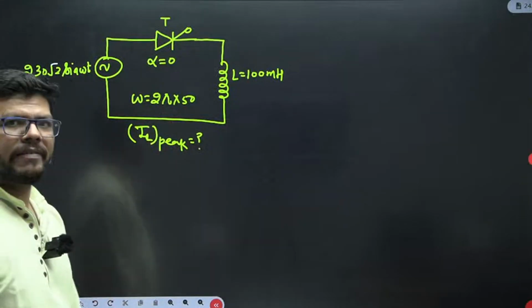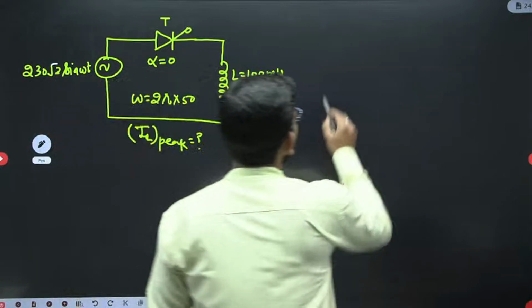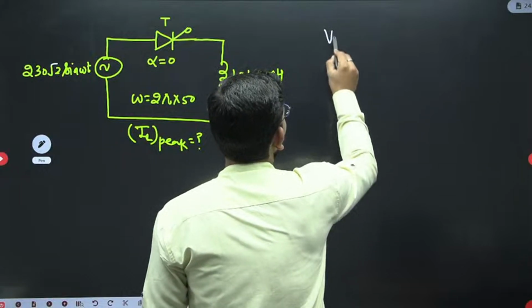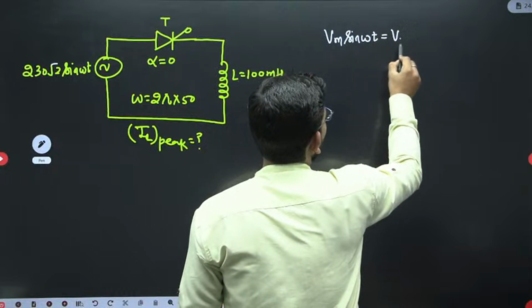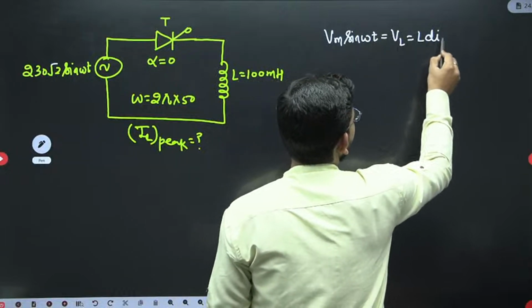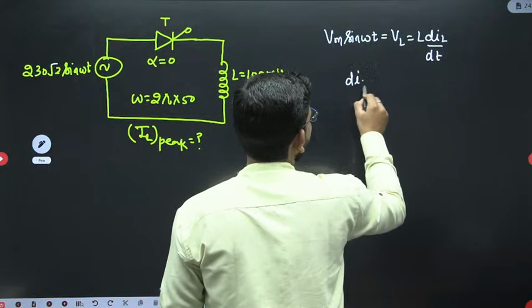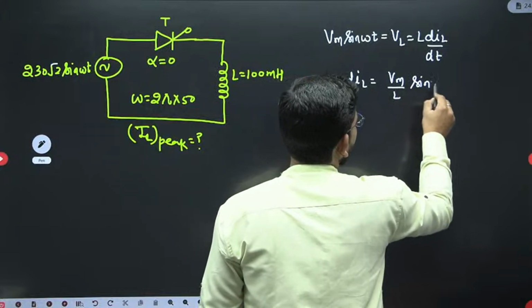So alpha is given 0, so this thyristor will behave like a diode, right? And you know that in such a case, you will apply Vm sin omega t equals VL, or you can say L dIL by dt. From here, when you solve it, you will get Vm by L sin omega t.